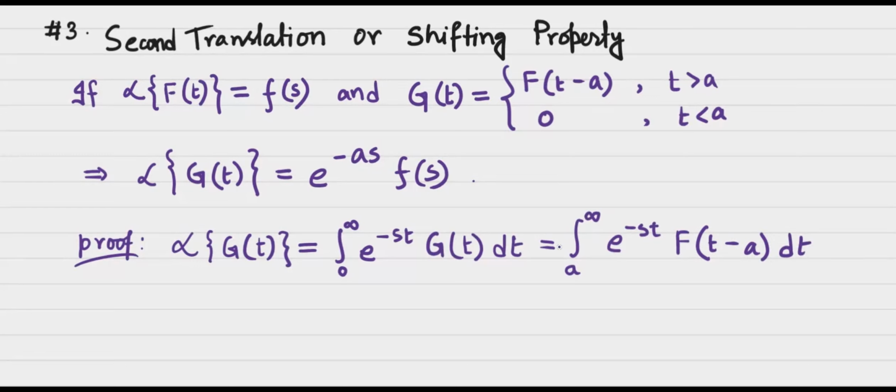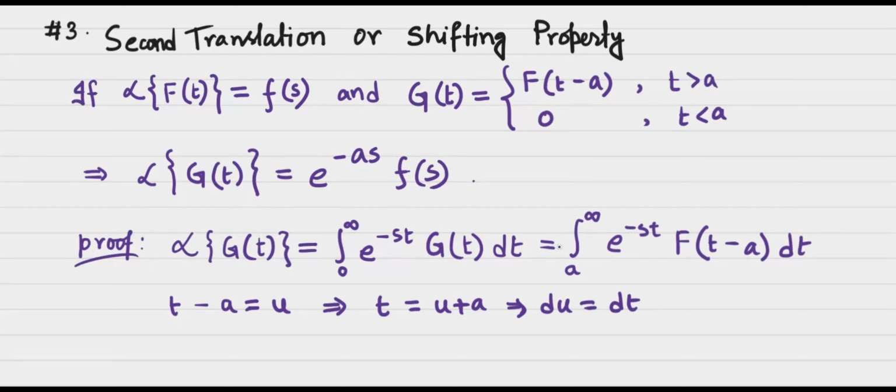Now, of course, we can turn this into our familiar form of Laplace integral by taking a change in variable. So basically, we define t minus a equals u, and then what we get is t equals u plus a. Now, if we take dt, all right, that is equal to du.